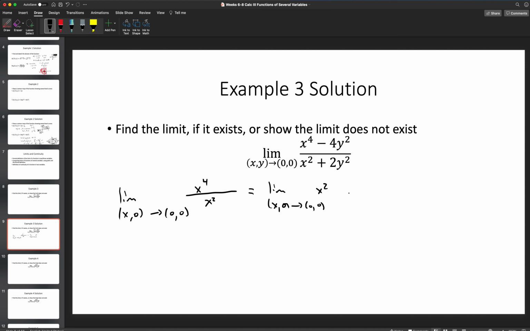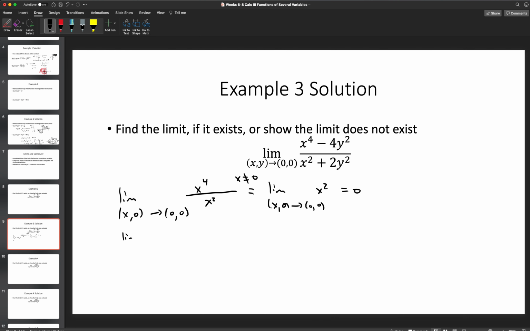And the limit of x squared as x goes to 0 is just 0. We can do this cancellation provided that x is not 0, but this approaches 0 in the limit. So that just shows that this is 0.